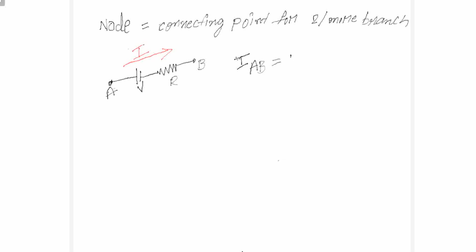In the absence of this voltage, we have written VA minus VB. Then what about this voltage V? Whether I need to consider minus V or plus V?